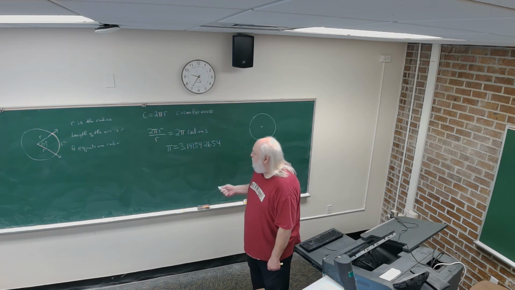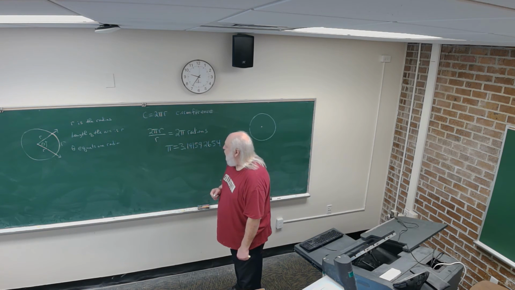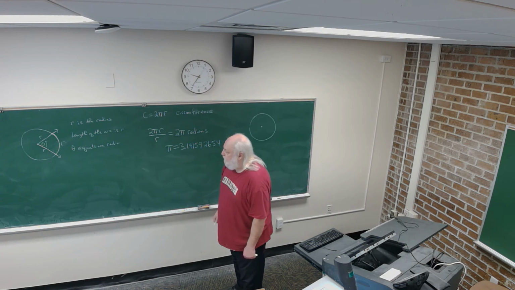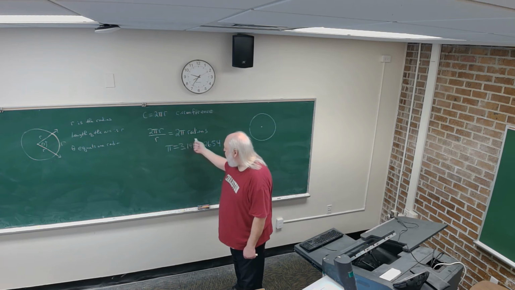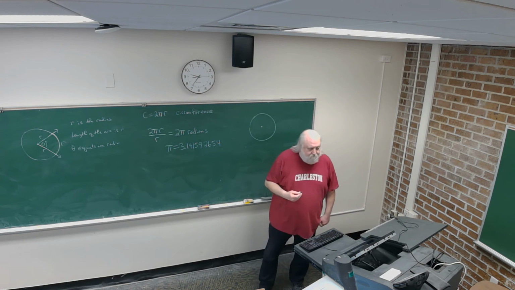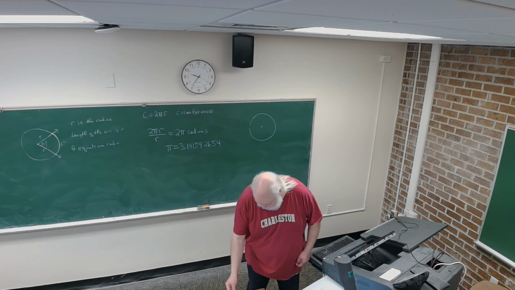And so the distance around the circle is 2 pi r units, and the length of the arc for 1 radian is r units. So 2 pi r divided by r means there are 2 pi radians in 1 complete revolution. Any questions on that?